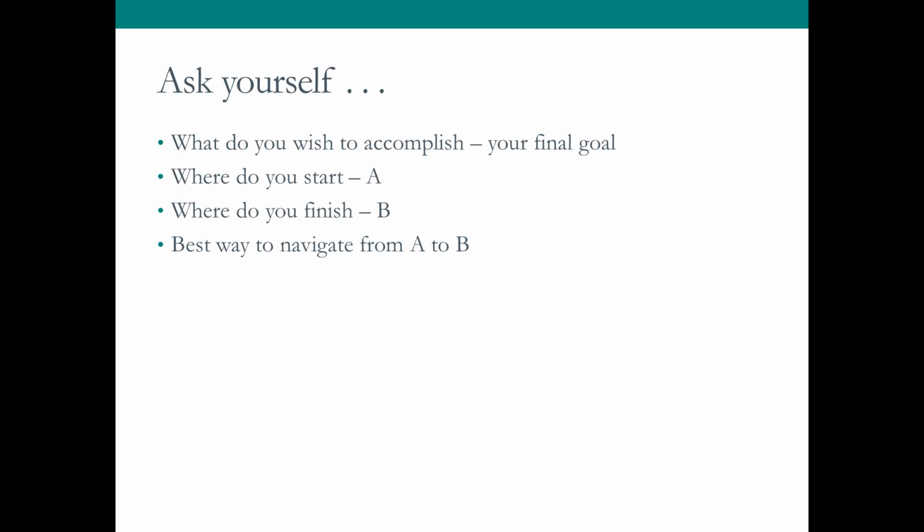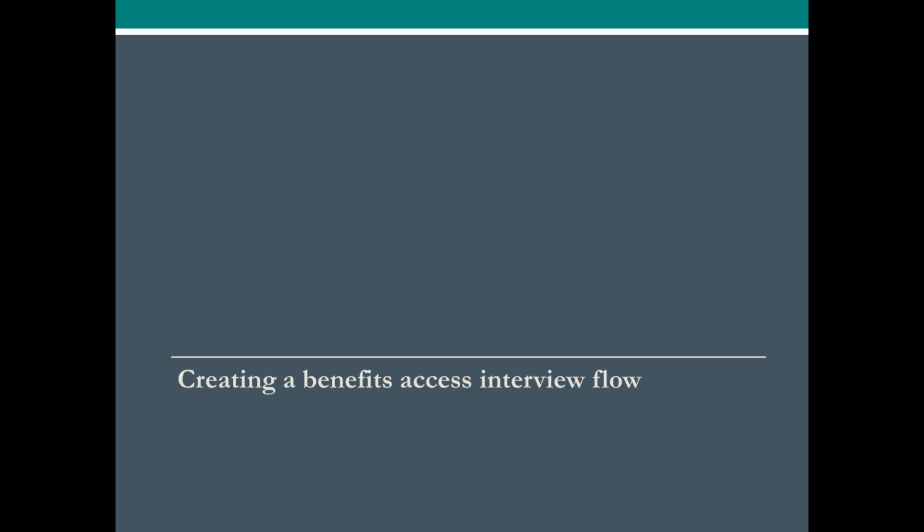So we looked at our final goal first, then we looked at where we want to start, where I want to finish, does my original goal make sense, and then what is the best way to navigate from A to B. And remembering that in each individual department, the navigation is going to be just a little bit slightly different. So the next slide is the start of creating a benefits access interview flow.